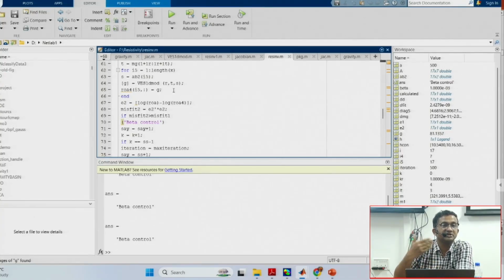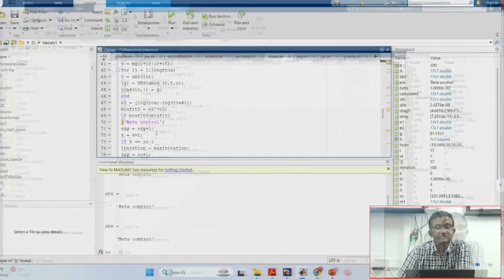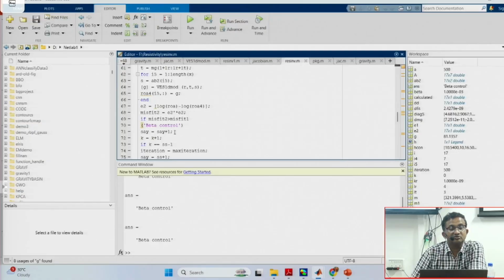It will compute and compare with these observations, and from the plot you can also see different values of beta. Beta is the damping. Different values of beta you can compute and see how close your observation is to your predictions.